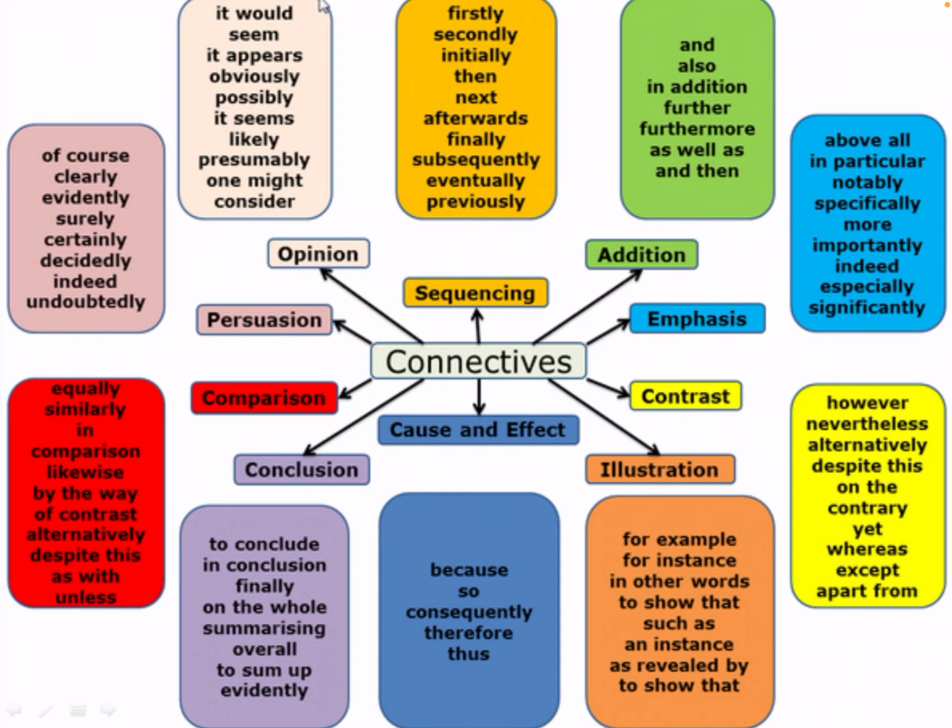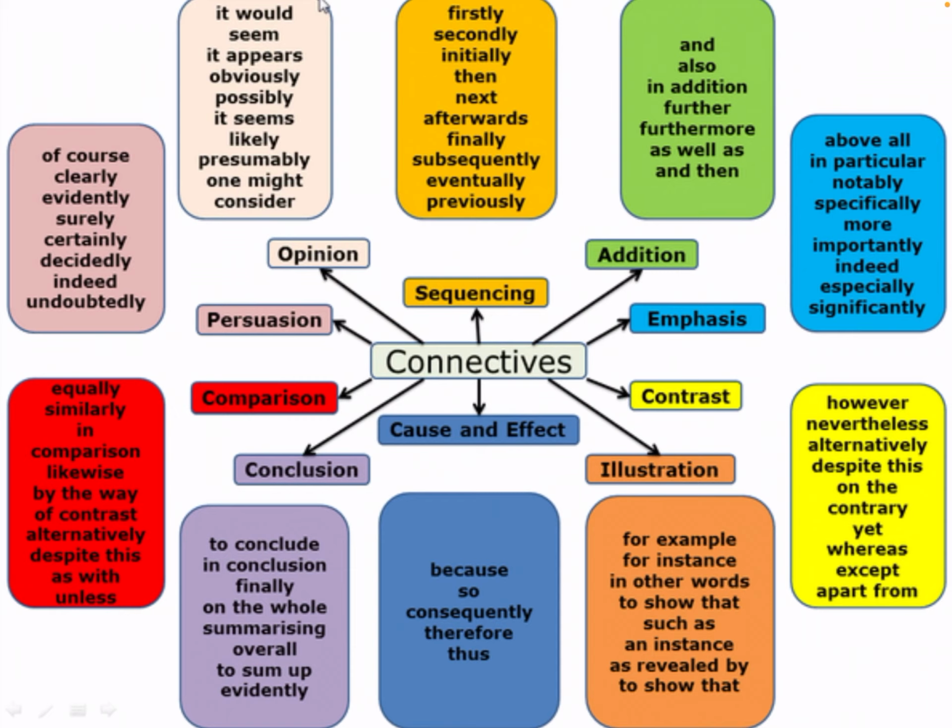You want to prove something in your writing, so you say in other words, to show that. You can say such as, for instance, for example. So you are explaining more about your writing, about your topic. So that's what illustration means.